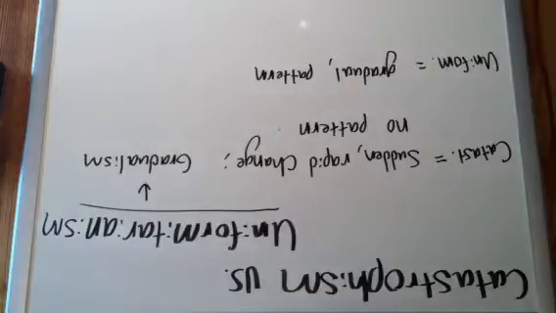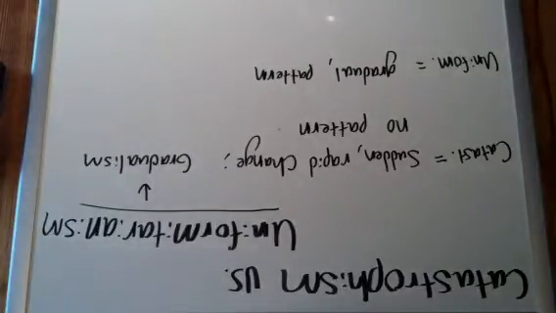So one of the key differences that we see when we talk about this theory is, well, if catastrophism states that there's been sudden rapid changes following no particular pattern, then how would the geologic history of the Earth look?